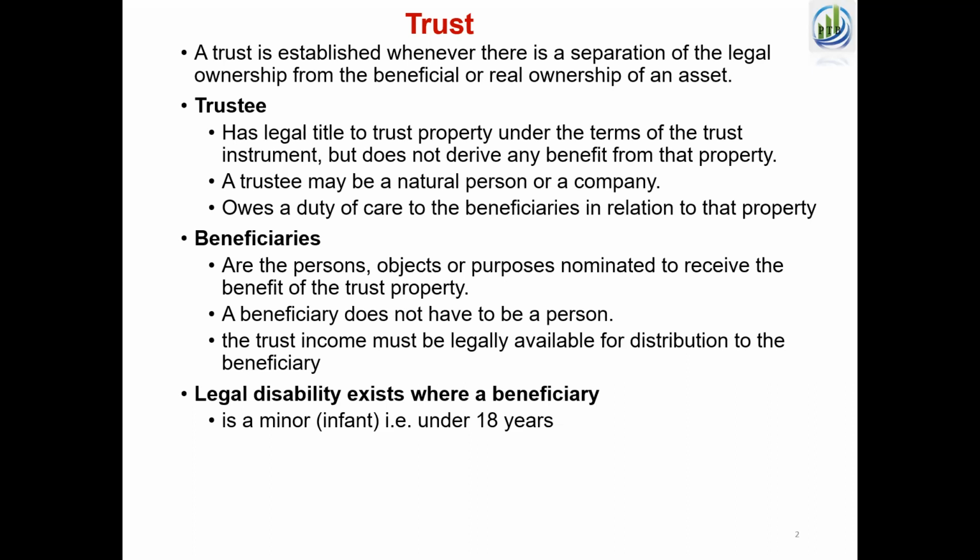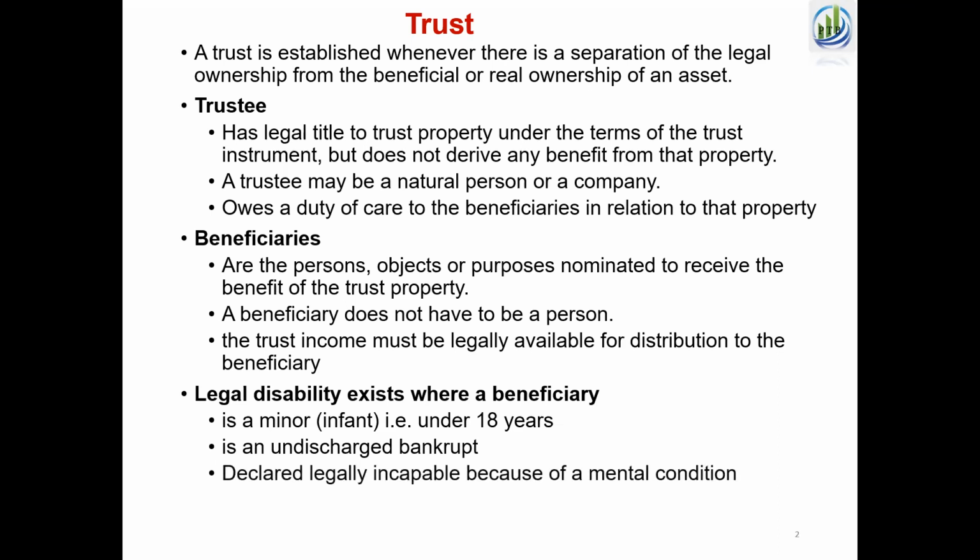And the second category: if you are an undischarged bankrupt, what does that mean? If you are currently under bankruptcy, it may be 7 years, 5 years or 3 years, depending on the bankruptcy type. If the trustee allocates income to you as a beneficiary, the trustee is liable to pay the higher tax rate of 45 percent. The same applies to someone declared legally incapable because of a mental condition, where somebody cannot make decisions on their own behalf.